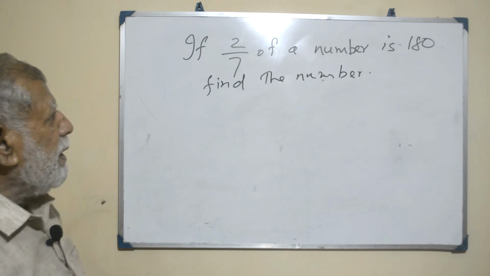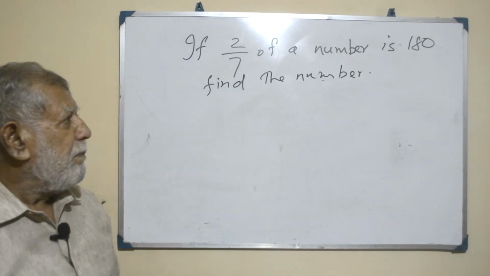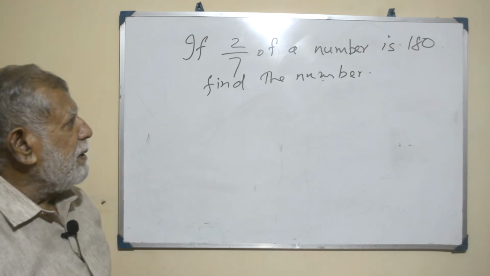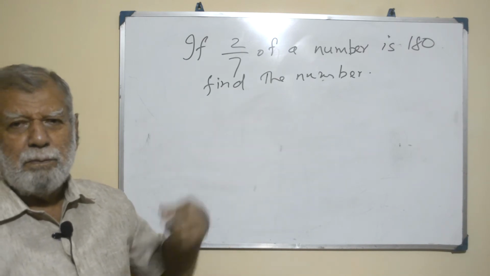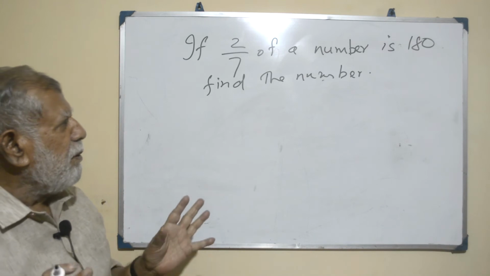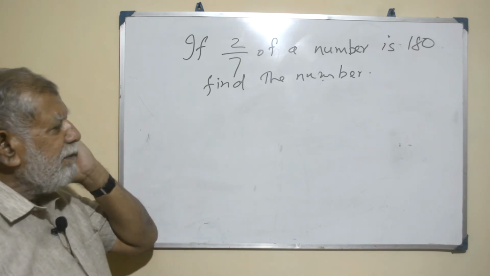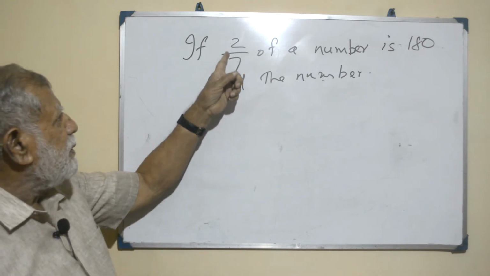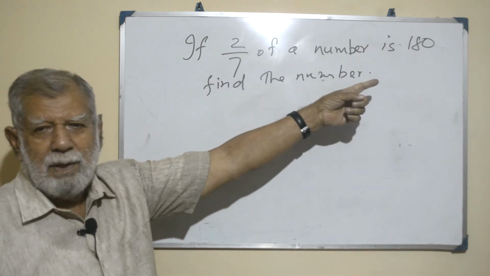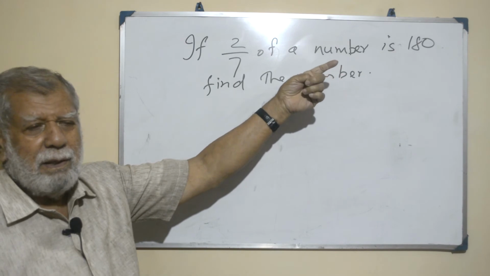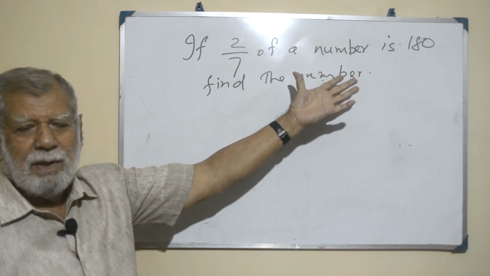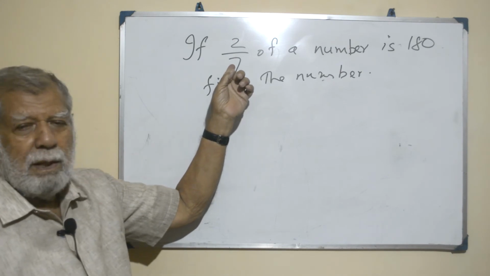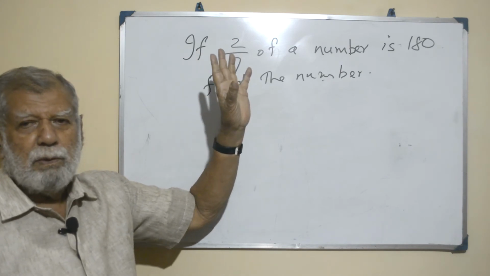This type of sum is very, very important because in fractions you get the same type of sum. If you are working in your mind, you can get the answer if you know your table very well. Now 2 upon 7, that is 2 parts is 180. So 1 part is 90, then 7 parts will be the full number, so 7 nines are 630.